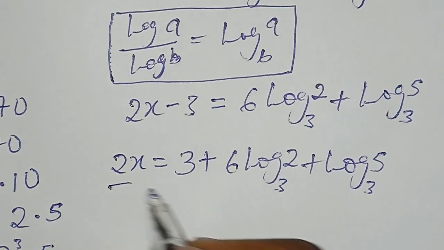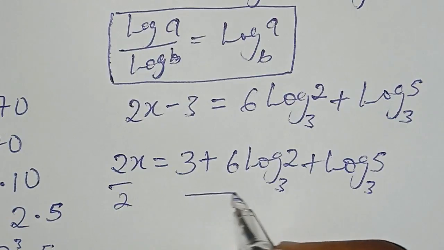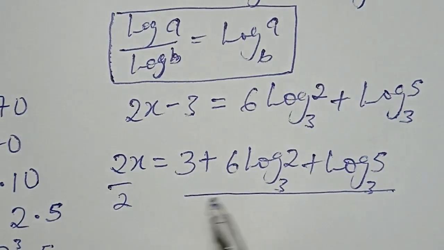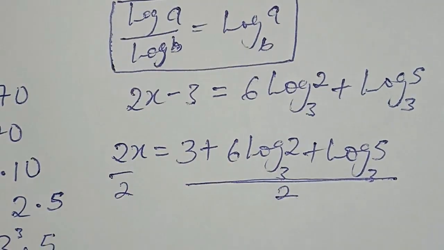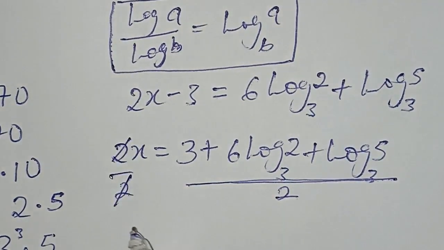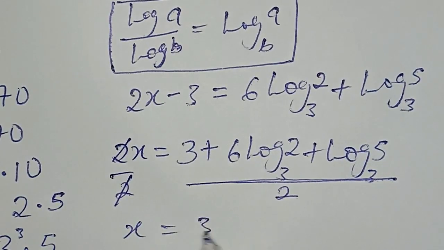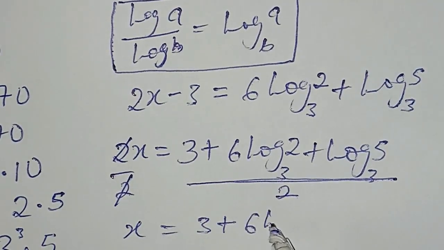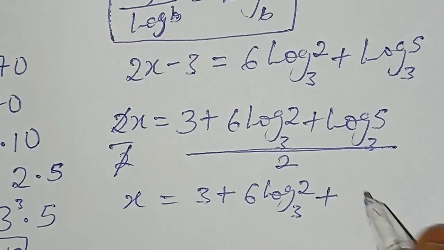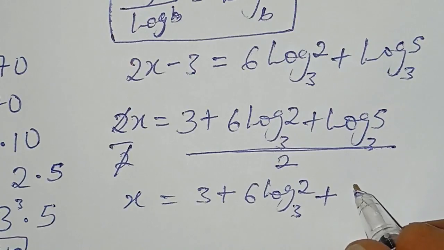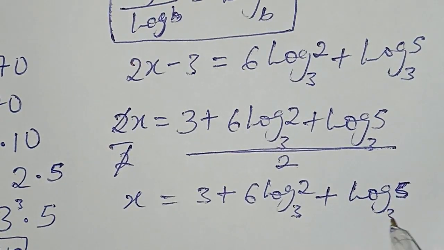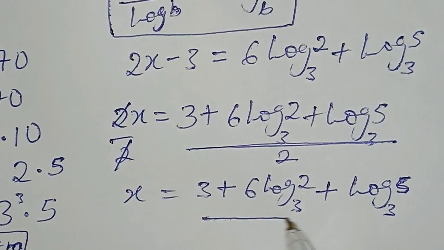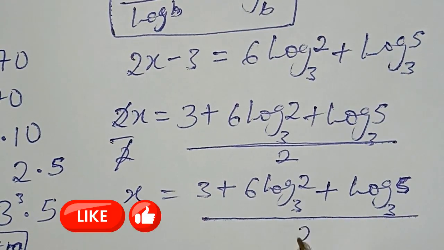So if we divide the whole of this right hand side by 2, then we have this cancel out, and we have x will be equal to 3 plus 6 log 2 base of 3 plus log 5 base of 3, all over 2.